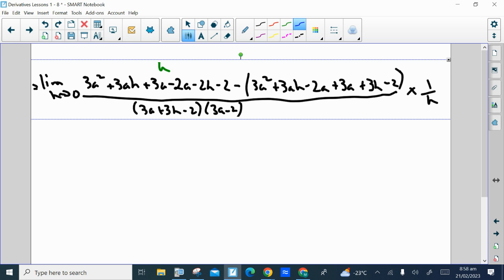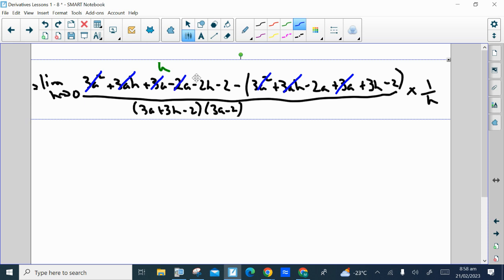All right. This minus sign in front of the bracket here changes all the signs inside. So this positive 3a squared will cancel with the minus 3a squared. This positive 3ah will cancel with the minus 3ah. If you remove the brackets, all those signs in the second bracket are going to change. This positive 3a will cancel with this, that will become a minus 3a.